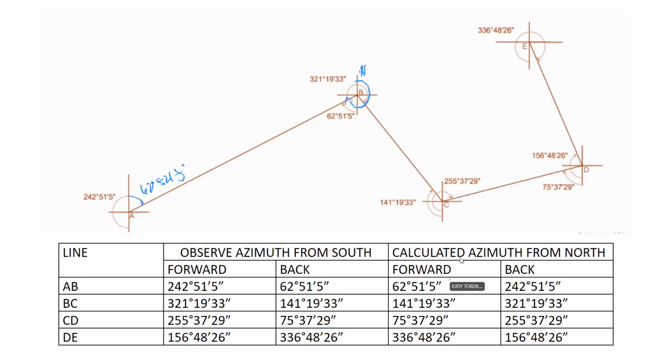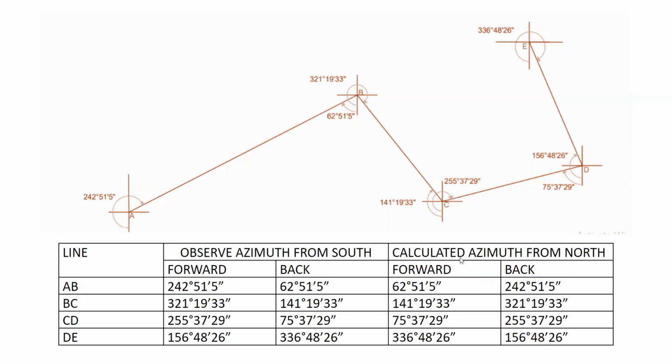As you can see, this is less than, di ba? Less than 180 degrees. So, mag-a-add tayo ng 180 degrees para makuha yung back azimuth. So, 180 plus 62 degrees, 51 minutes and 5 seconds, meron tayong nakuhang 242 degrees, 51 minutes and 5 seconds. So, that would be your backward azimuth.